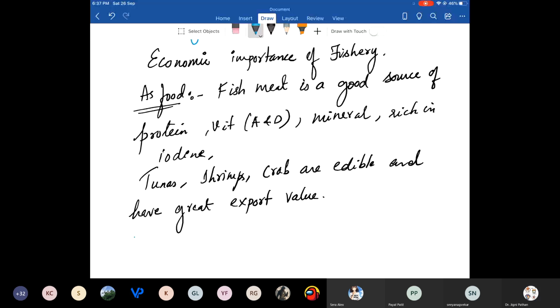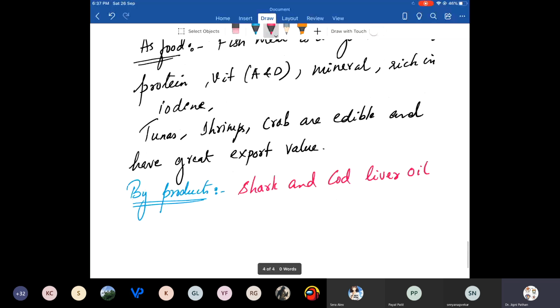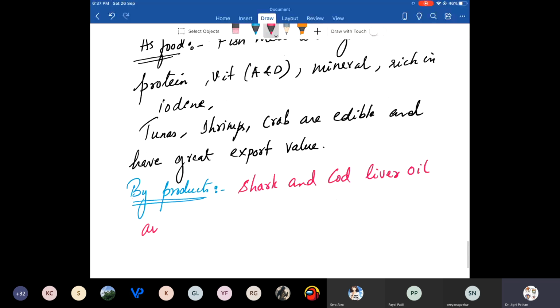Byproducts. Shark and cod liver oil. Shark and cod liver oil.